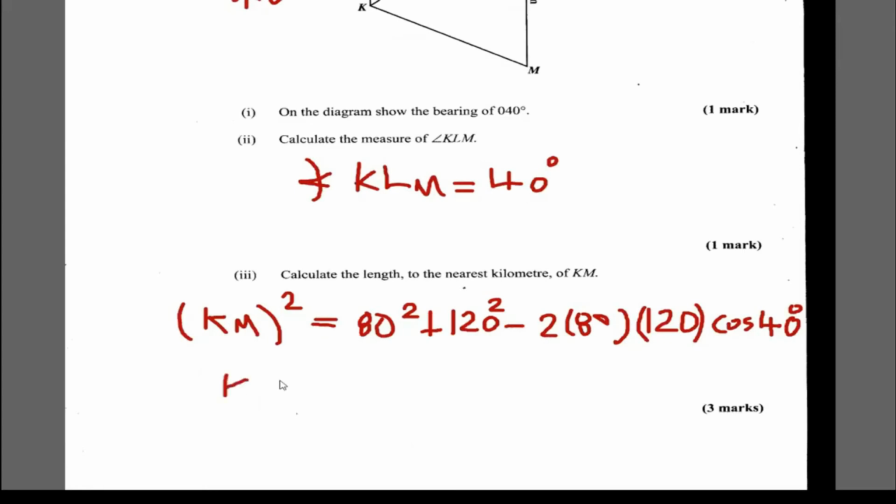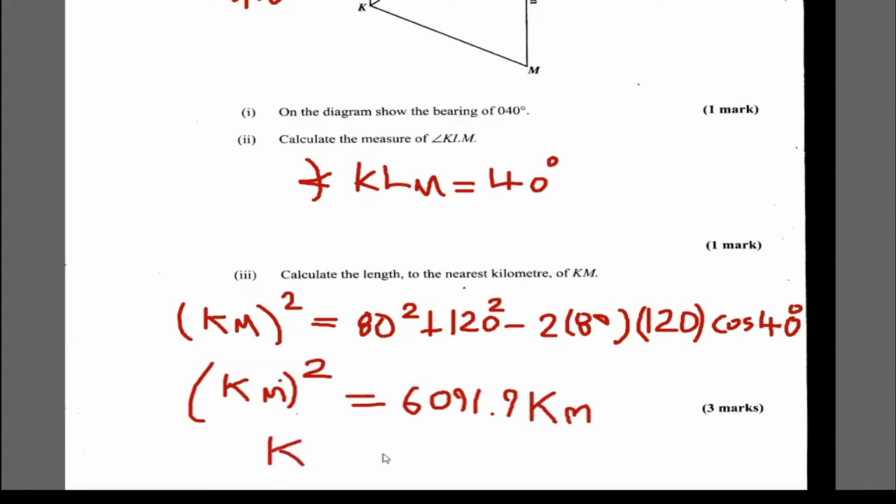So KM squared is equal to 6,091.9. That's KM squared, but we need KM, so we square root both sides.